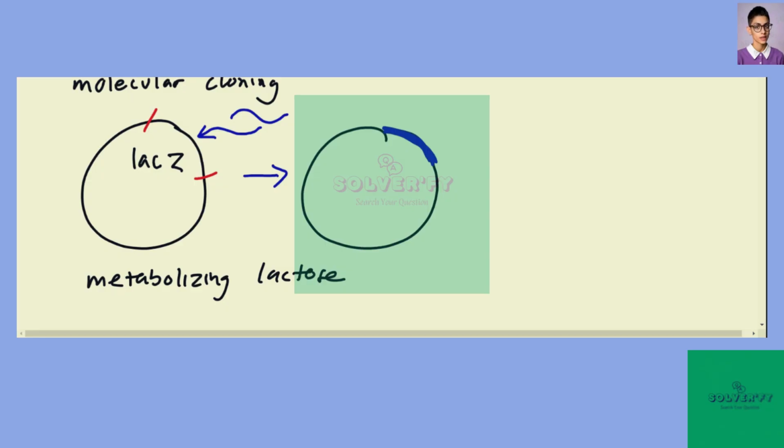And then this plasmid is going to be transferred into a bacterial host and it's going to be selected for using ampicillin, right? Somewhere on this plasmid will be an AMP-resistant gene, so that allows the bacteria to survive on ampicillin. So that's how we know if the plasmid has been taken up into the bacteria.